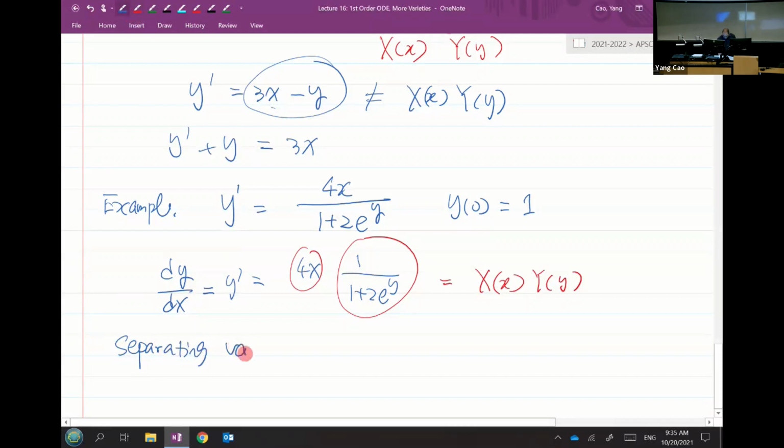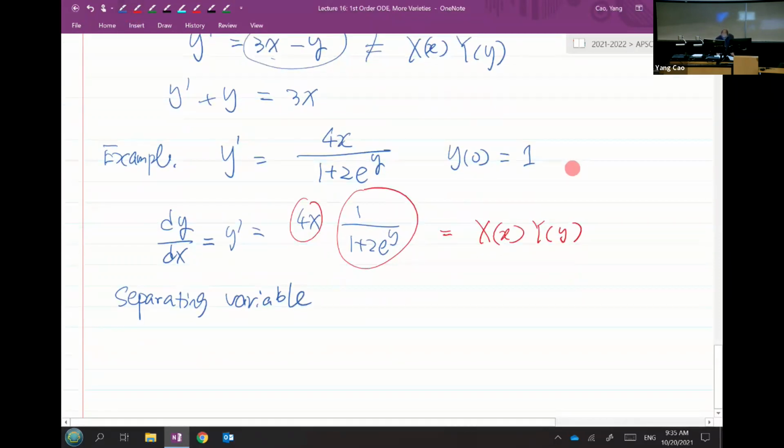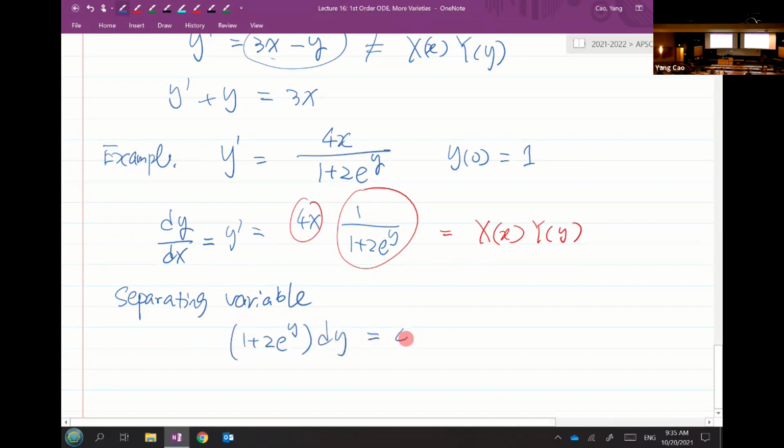So now we're separating variables, separating the variables for the separable equation. We'll move all the y terms together, and move all the x terms together: 1 plus 2e to the power of y, dy equals 4x dx.